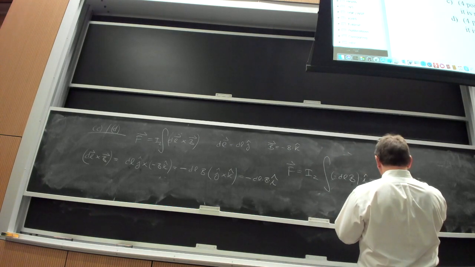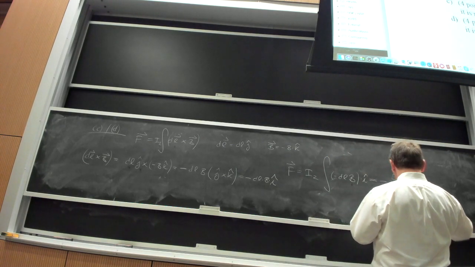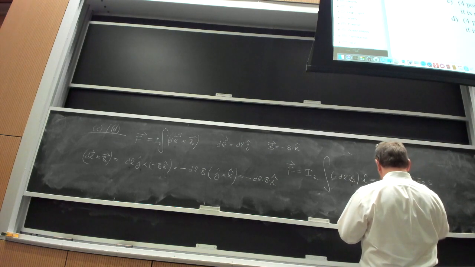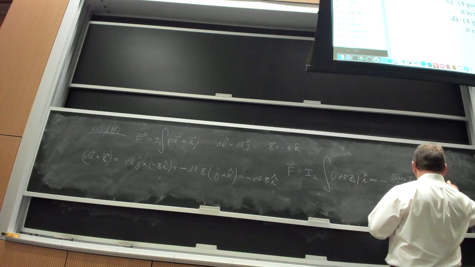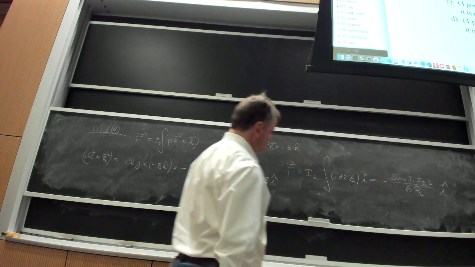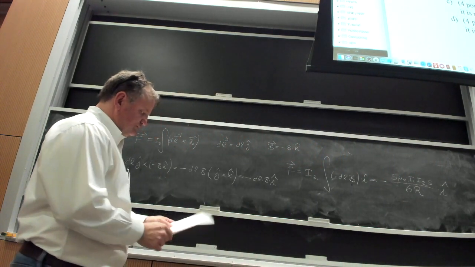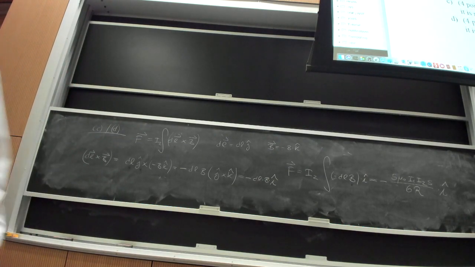So then we have minus 5 mu naught I1 I2 times the length of this bar S divided by 6 R times mu naught. So we did quite a few problems like that.